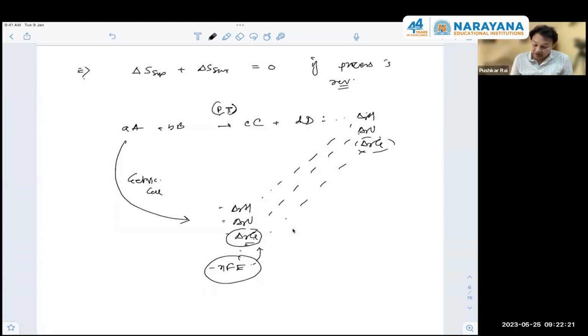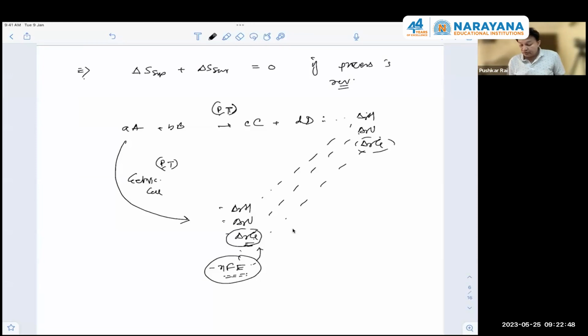And in a galvanic cell also, you are carrying out the process at constant pressure and temperature. If you have any doubt, you ask me, sir, how can I carry out this process? Because there lies the concept. Minutely see, all these processes are carried out at constant pressure and temperature. And as long as you are carrying it out at constant temperature and pressure, delta rG is equal to minus nFE.